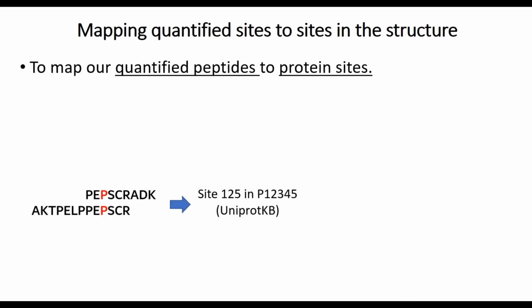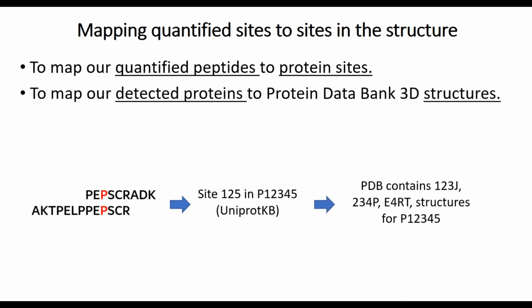So we have several peptides that are overlapping in the sequence, and we have a particular ratio per peptide. So we have to pull all these ratios and assign them to particular sites in the sequence, in this case of proteins with the sequence in UniProt. And then we have to map these proteins to PDB entries.